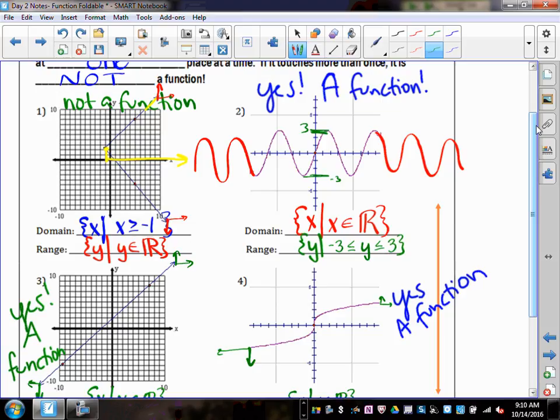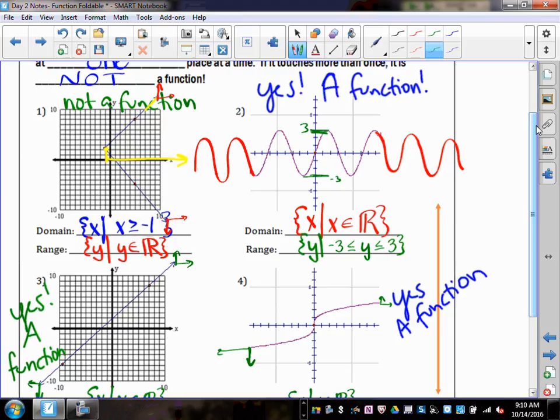Similarly with number 1, for your domain, as I go from left to right, my graph didn't start until here. So my smallest x value was -1. But then it continued forever to the right. So when you have a max and min, basically a starting and a stopping point, that's when you're going to use your inequalities. But when it goes on forever and ever in all directions, that's when it's all real numbers. Good question.